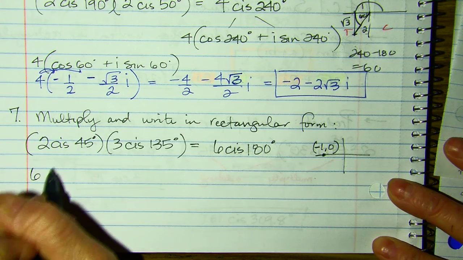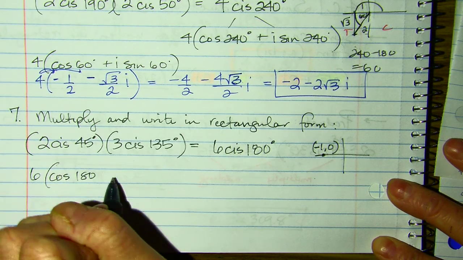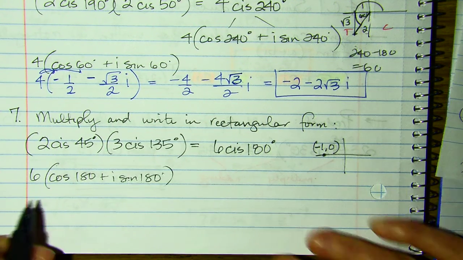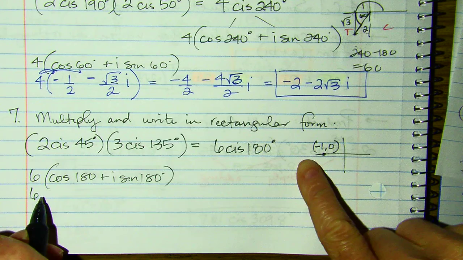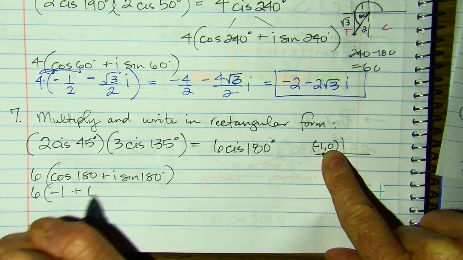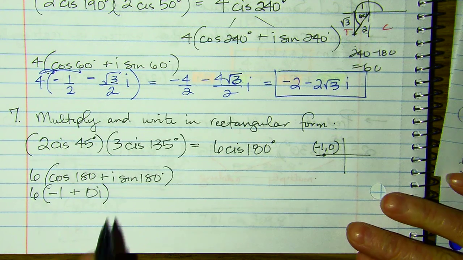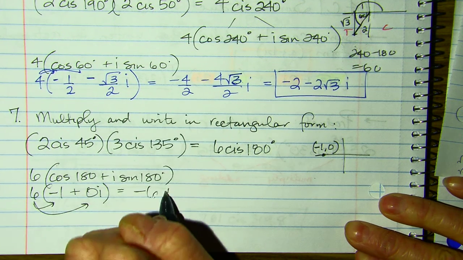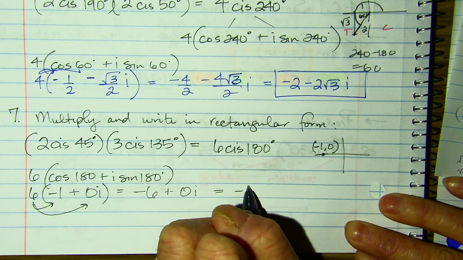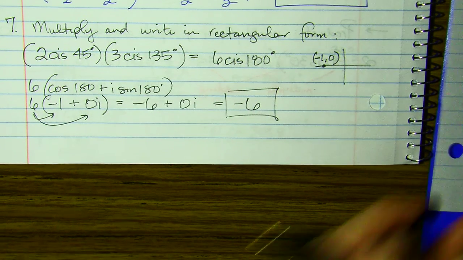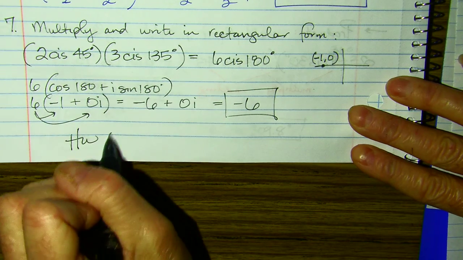So when I write 6 times the cosine of 180 plus i times the sine of 180, I get cosine is x, so negative 1, plus sine is y, so 0i. So when I distribute the 6, I just get negative 6 plus 0i, so negative 6. 0i you don't write.